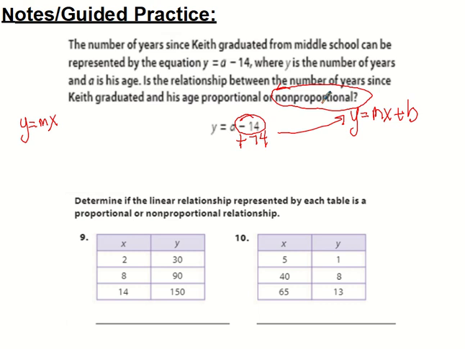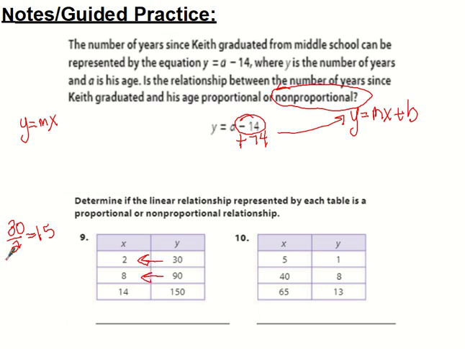So that was the story problem. Now we have a table. We need to determine if the linear relationship represented by each table is proportional or not. Remember, when it comes to tables, we don't even have to look at the equation. We can just look at the ratios. If I compare 30 to 2, I get 15.